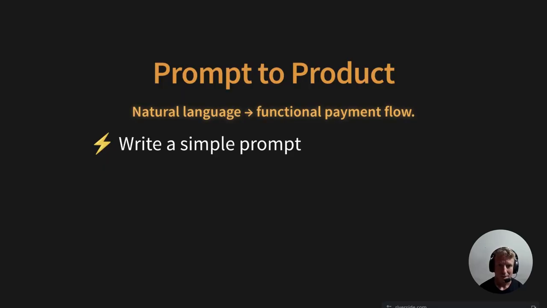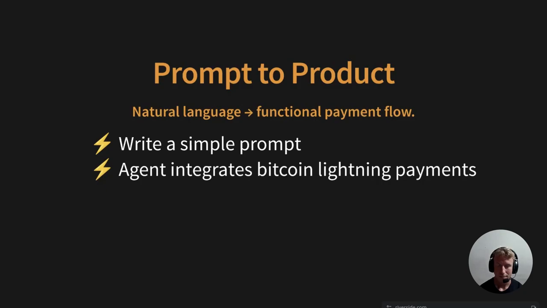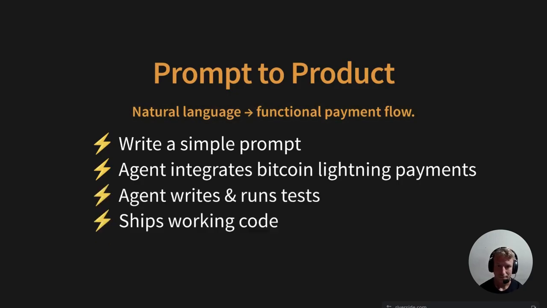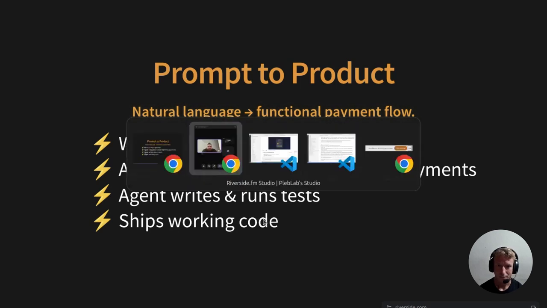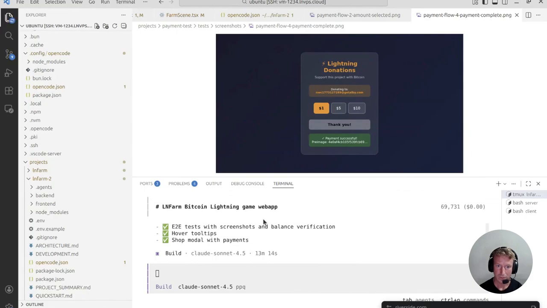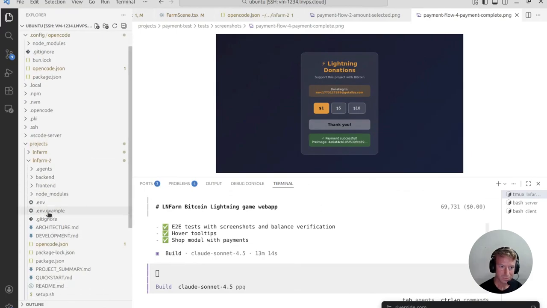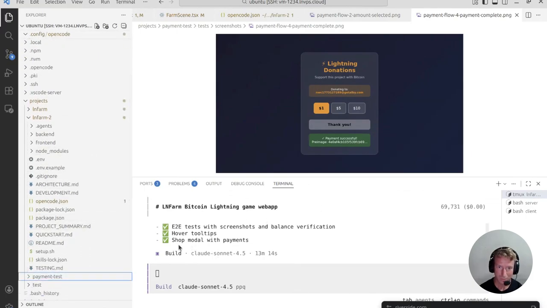So what I did at the start was I created a simple prompt and gave it to OpenCode. And what OpenCode is doing now is building the app. It's integrating Lightning payments, and it's writing and running the tests. And it's going to keep running and keep trying. And actually, maybe it's already done, which is cool.